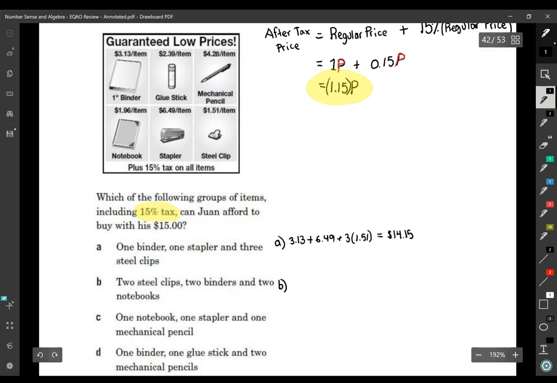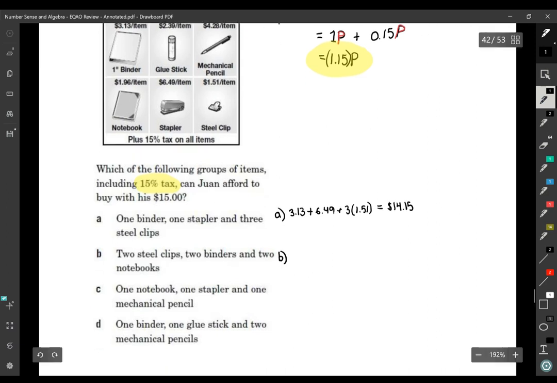I want to do this again for B. I'm going to just calculate the before-tax price for each of these. We have 2 steel clips, so that's 2 times 1.51, plus 2 binders, so 2 times 3.13, plus 2 notebooks, so that's 2 times 1.96. That's going to give me a before-tax price of $13.20.